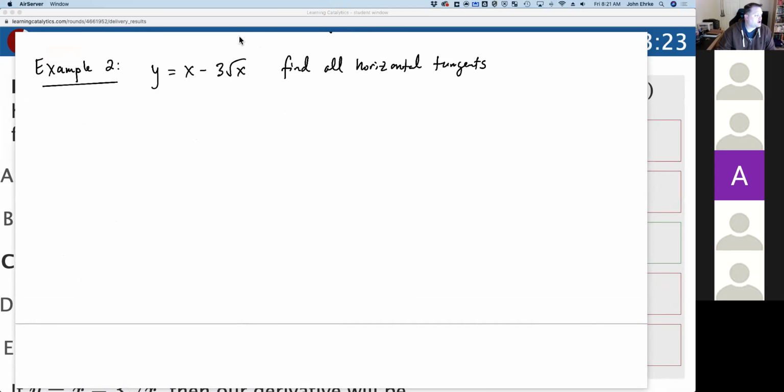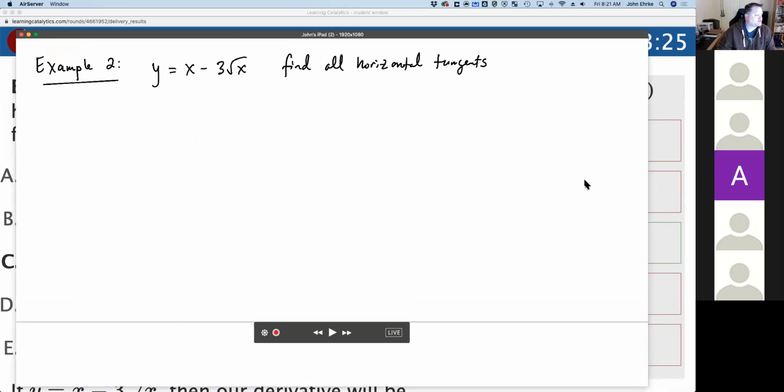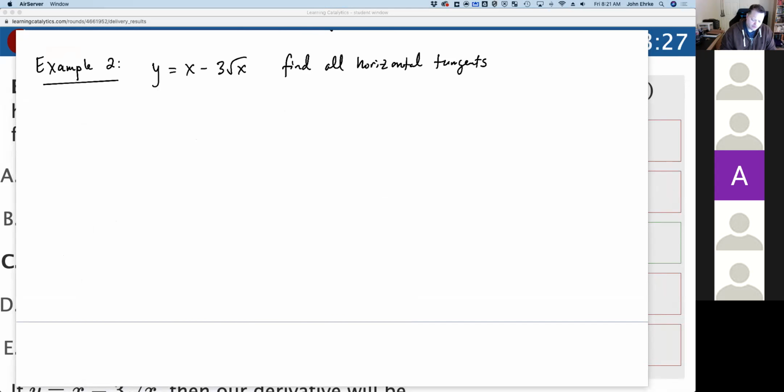So I'm trying to figure out where this function has a slope of 0. Remember, the derivative measures slope. So we need to find where y prime, the derivative, is equal to 0. I'm going to start by taking the derivative. y is x minus 3x to the 1/2.